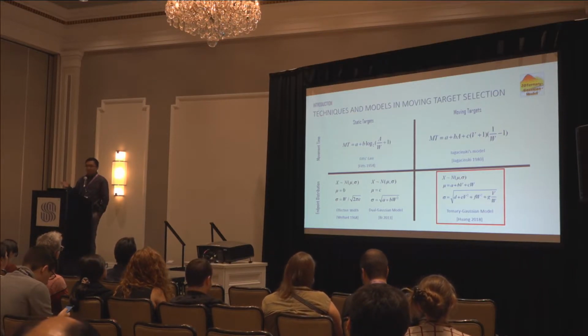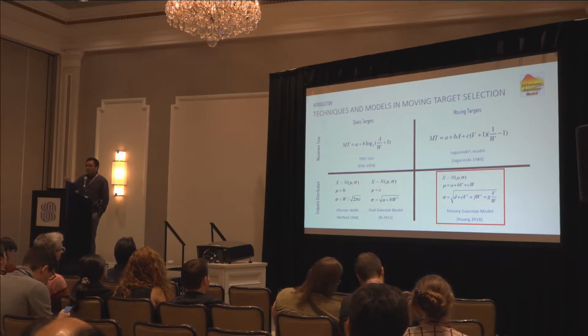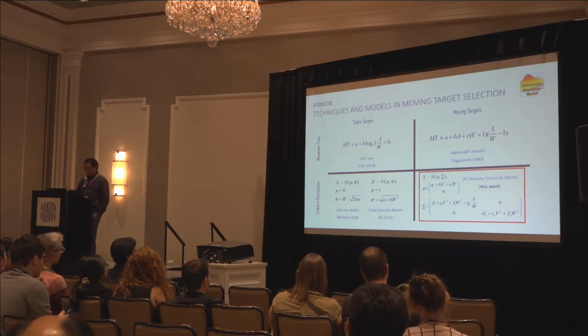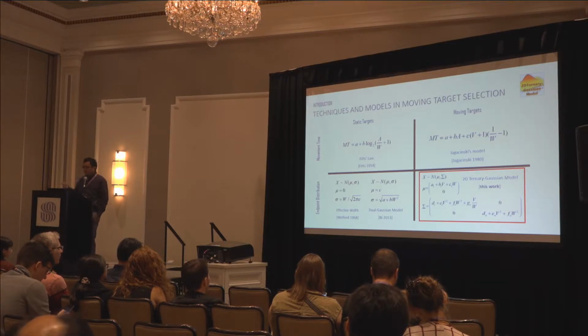For the one-dimensional target, they call it Ternary-Gaussian, because they conceptualize the procedure by breaking down the distribution into three Gaussian models. Later I'm going to describe which these three Gaussian models are. So again, this is the core contribution of the authors: they propose this two-dimensional model that predicts the endpoint distribution. They call it the 2D Ternary-Gaussian model.